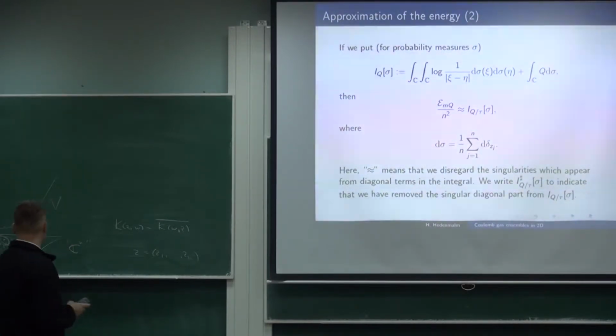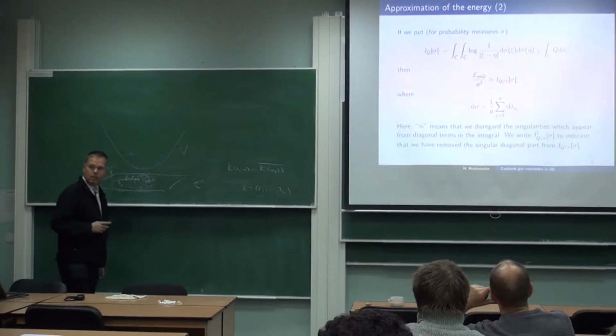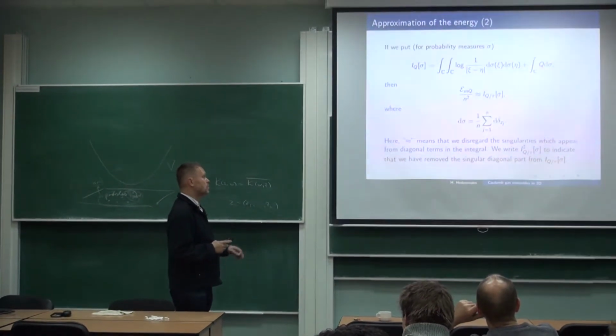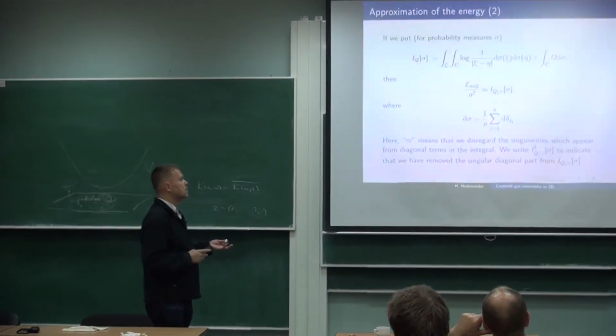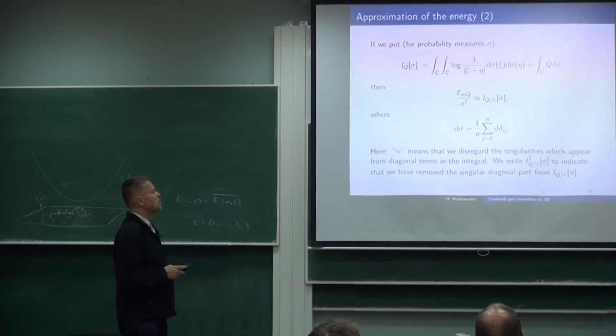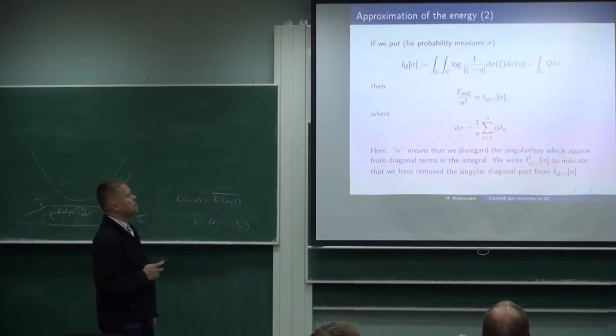You take your n particles and put mass 1 over n at each one of them, and add that up. You get a measure, you could think about it like a random probability measure with respect to the ensemble. But then there is a problem here. Why don't I write equality?